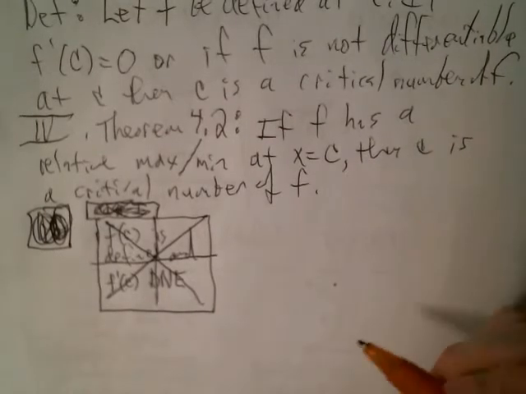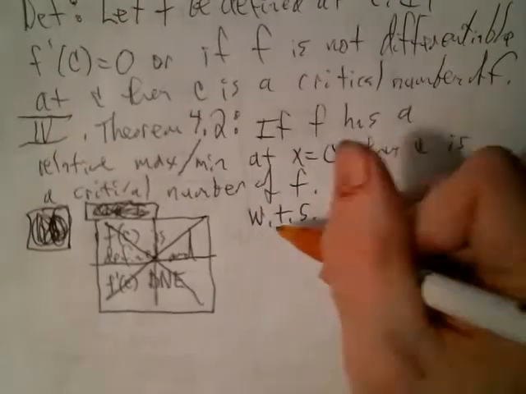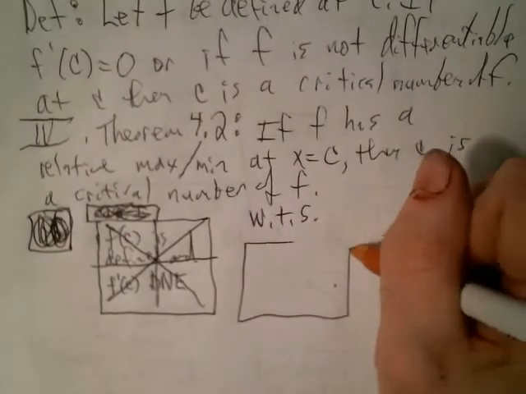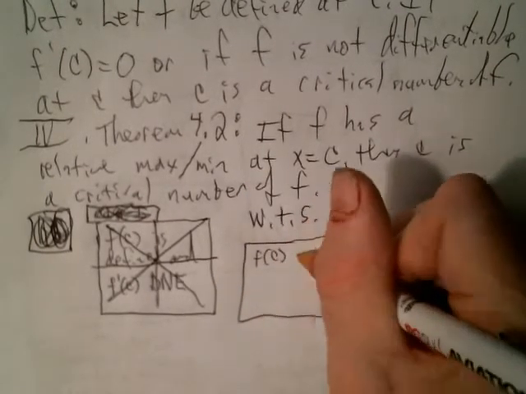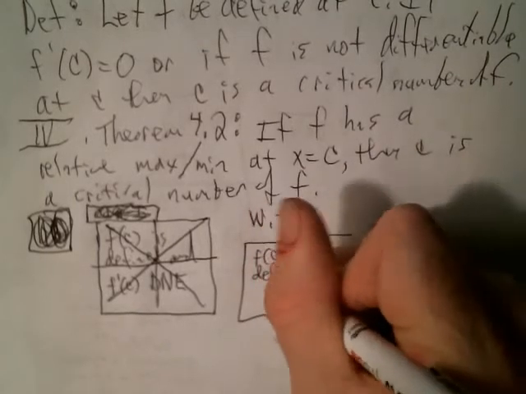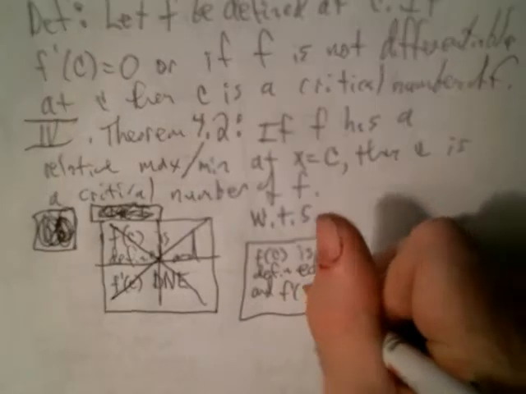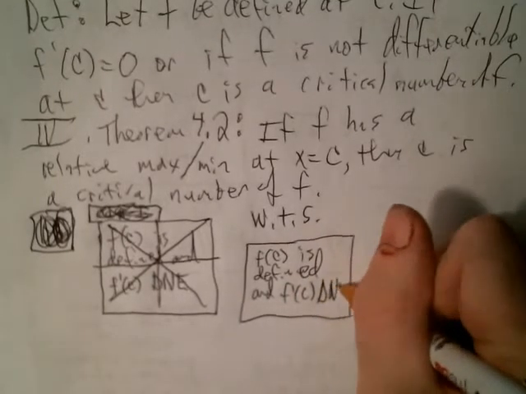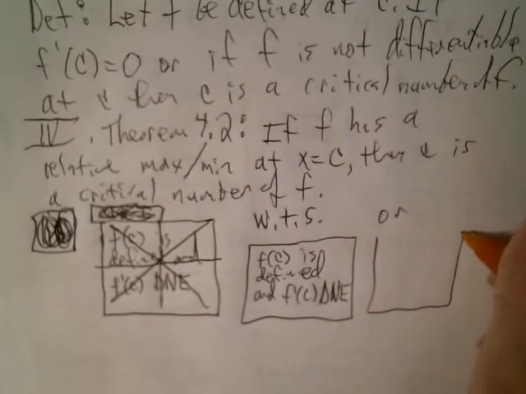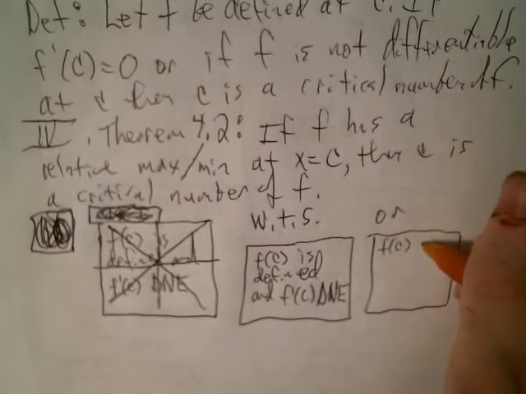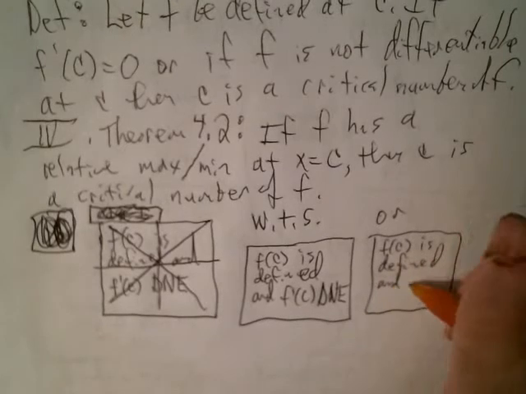We're trying to show one of two things. At the end, then it's a critical number. So what does a critical number mean? It means either f of c is defined and f prime of c does not exist, or f of c is defined and f prime of c equals 0.